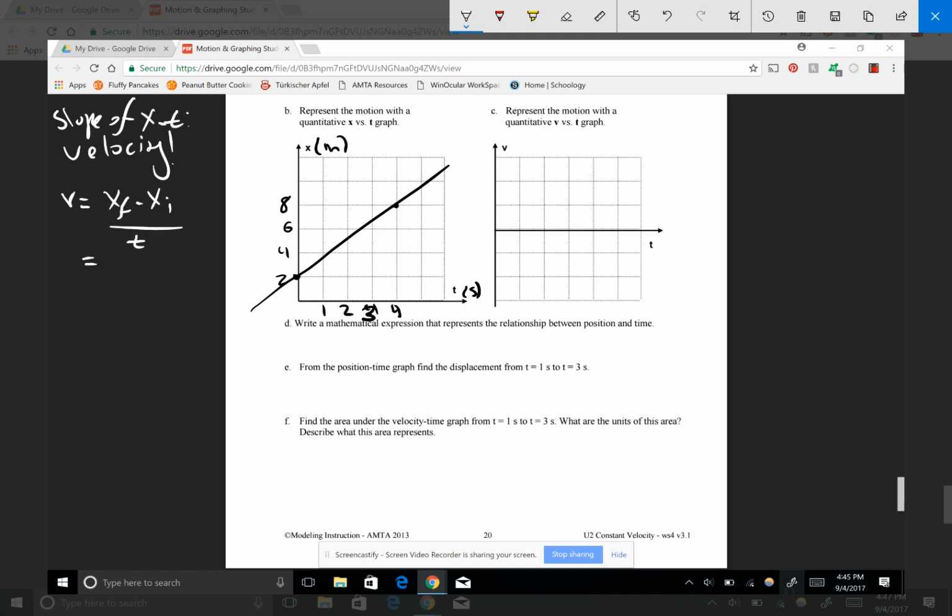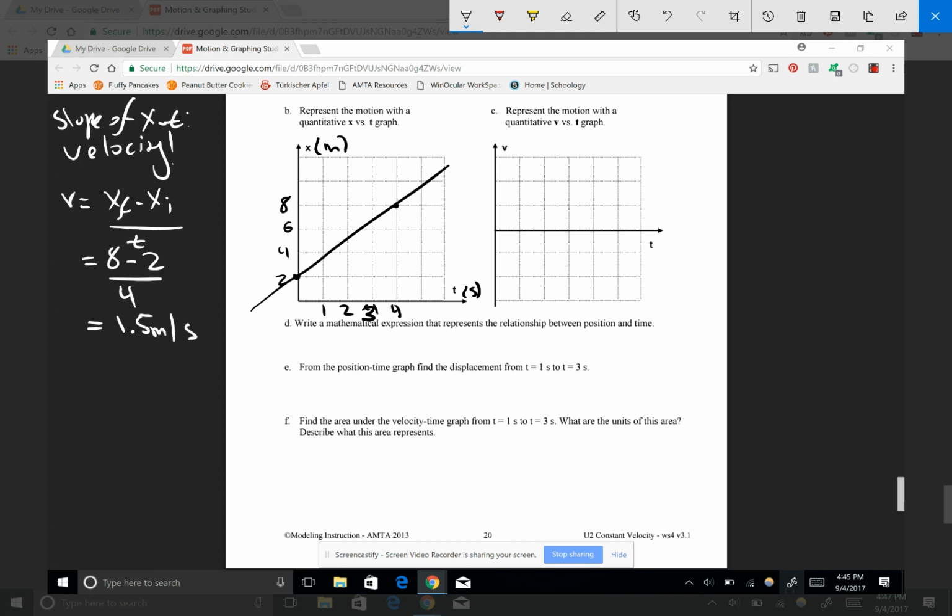So in this case, we have gone from 8 meters as our final, and our initial position is 2, and we've done that in 4 seconds. So that is going to give us a 1.5 meters per second velocity. Fantastic. Let's put that into our velocity time graph.